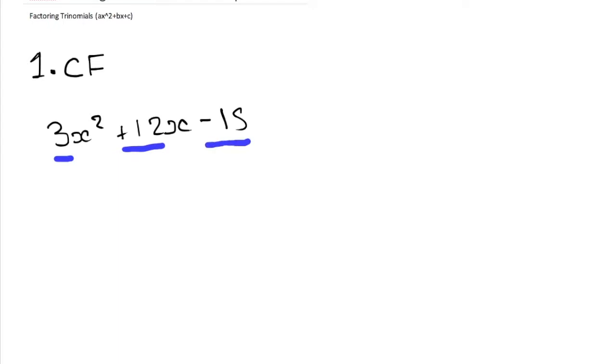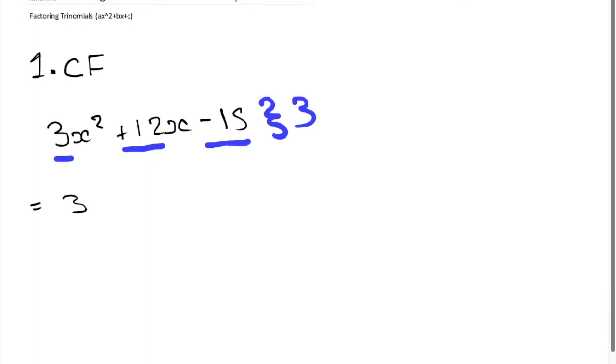Most of you can already tell that the common factor between 3, 12, and negative 15 is, of course, 3. So we're going to move the 3 outside the bracket. We can write it as 3 bracket x squared plus 4x minus 5.